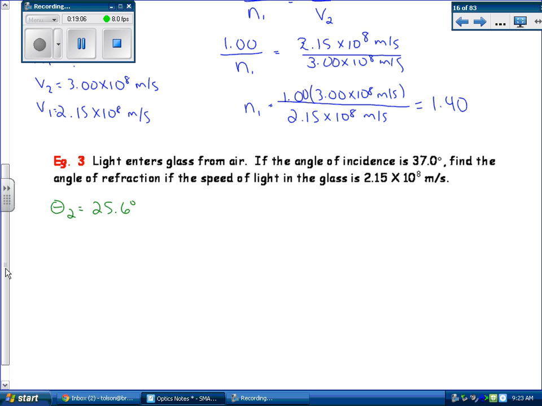Make sure your calculator's set correctly. And if you've forgotten, the way to find an angle is inverse sine.